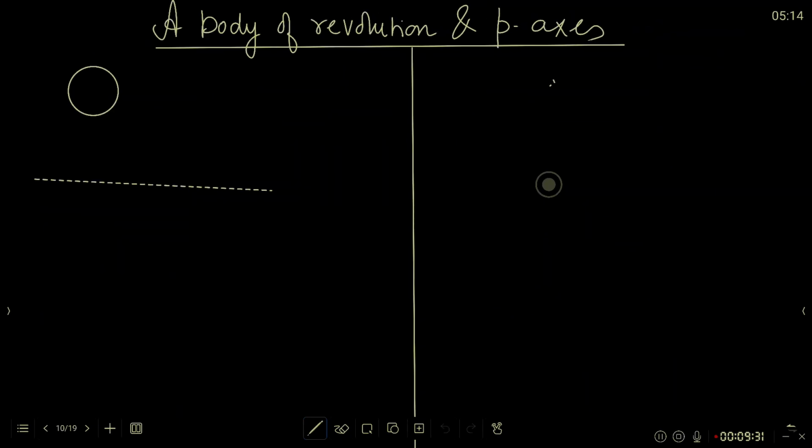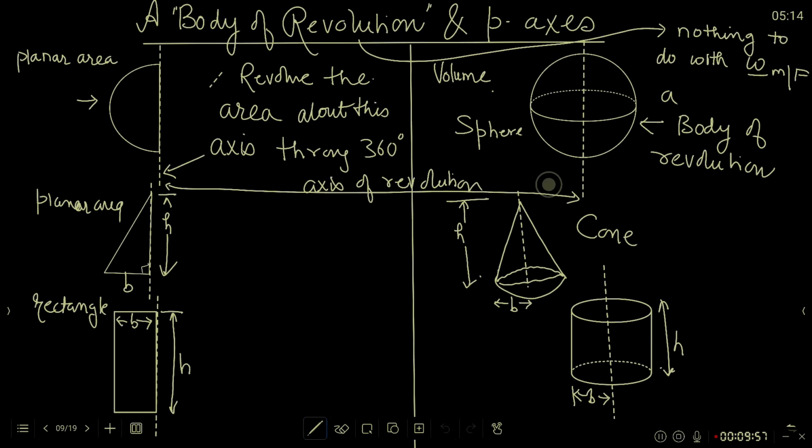Another example, if you take this circular area and you revolve it about this axis, which is not passing through the area. In all the previous examples I showed, the axis was coinciding with one of the edges of the planar area in each case.